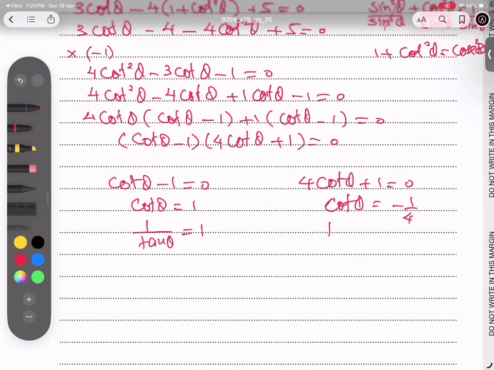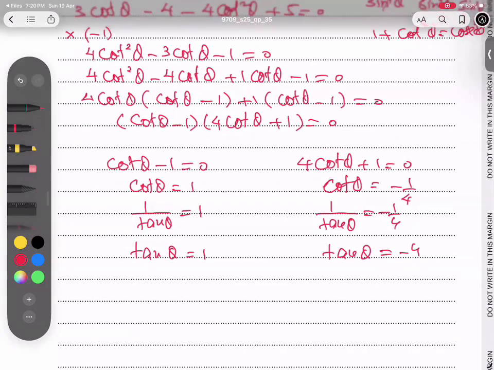Here same, 1 by tan. So cross multiply, it means tan theta becomes 1. And what about the other? Tan theta is equal to, cross multiply, negative 4.